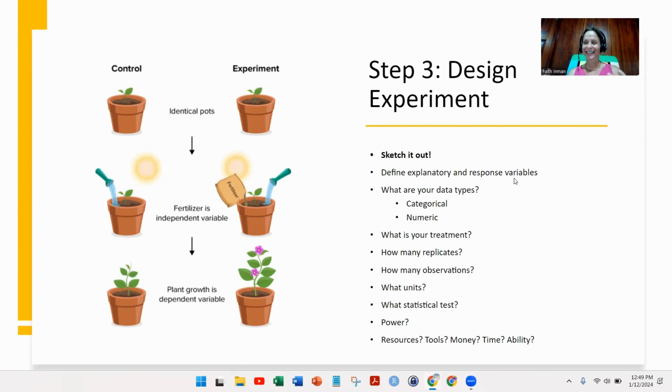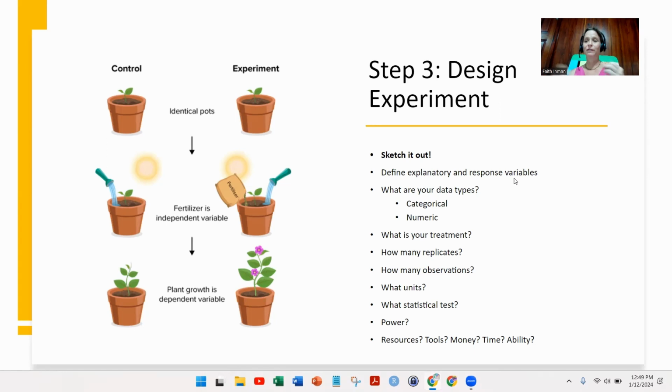Is it a category like that? Or are you going to measure it in terms of, let's say, centimeters? Then you'd have a numeric variable. The kind of analysis you do depends a lot on the way you measure things and the type of data that you collect, right? So fertilizer could also be a categorical variable or a numeric variable.